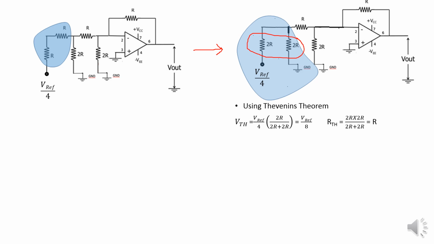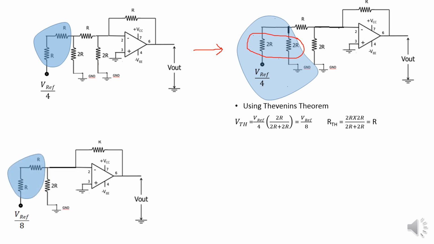Resultant VTH is V reference by 8, and RTH is a parallel combination of two 2R resistors, which is 2R into 2R by 2R plus 2R, which is equivalent to R. Okay, again same thing will repeat. So this circuit is again represented with V reference by 8 and RTH equal to R.